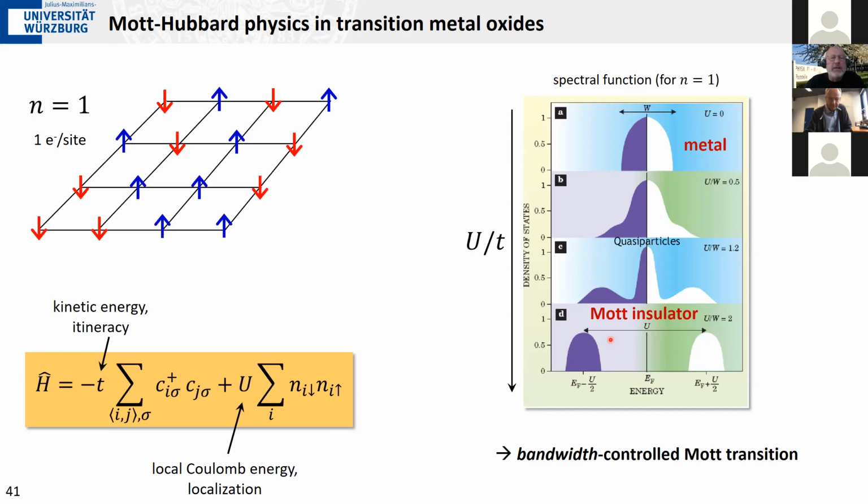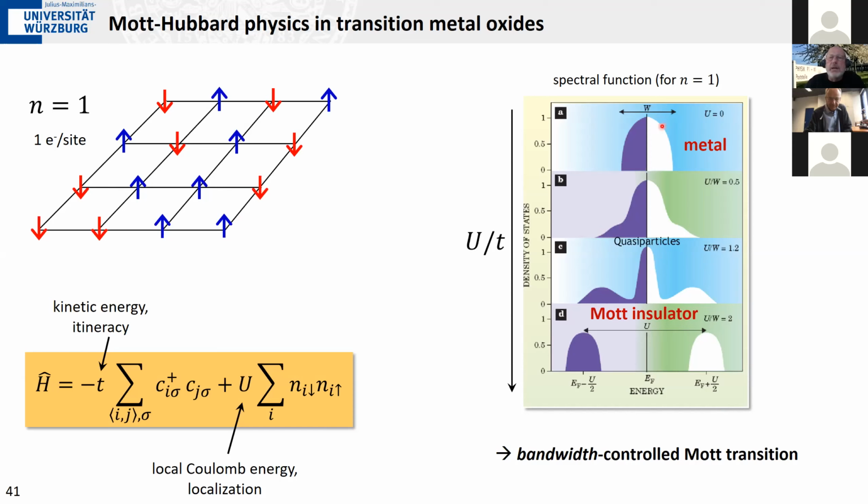Now, these are 2 limiting cases. None of them is ever reached in reality. So what happens if you have a finite T and a finite U as you go from the metal to the strict Mott insulator? And let's start with the metal situation. As you increase the U here, 2 things will happen. One is that you find some extra intensity here in the outer wings, which are the incipient Mott lower and upper Hubbard bands that will be forming here.